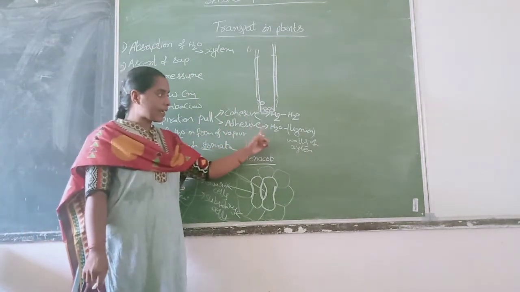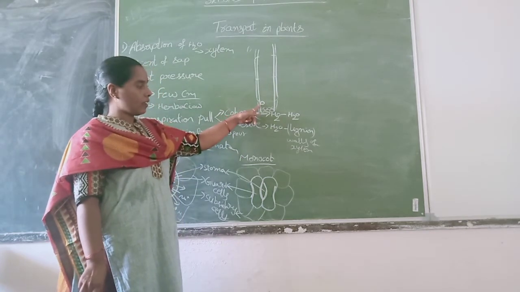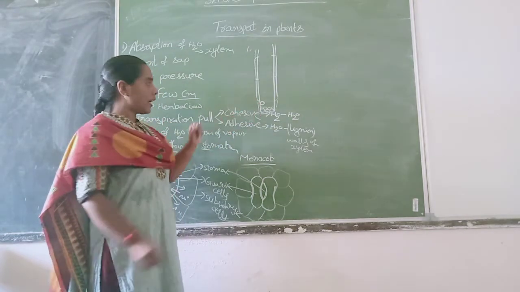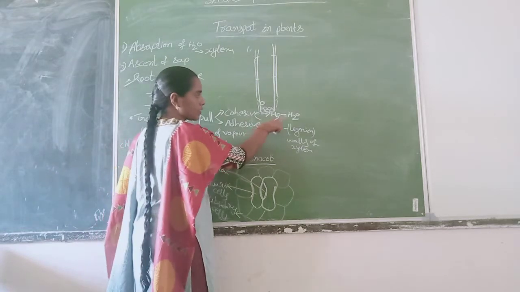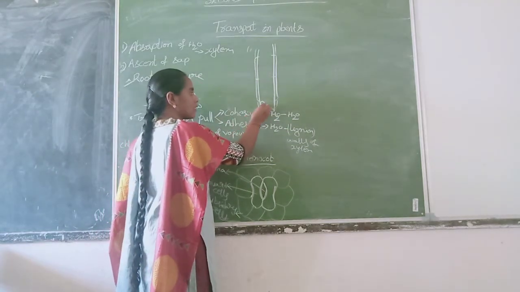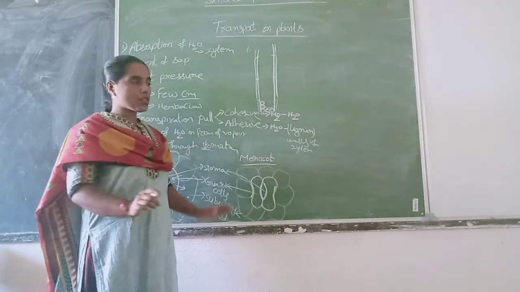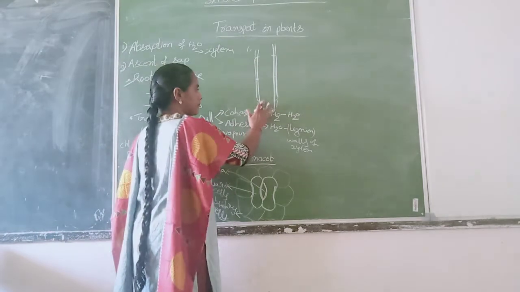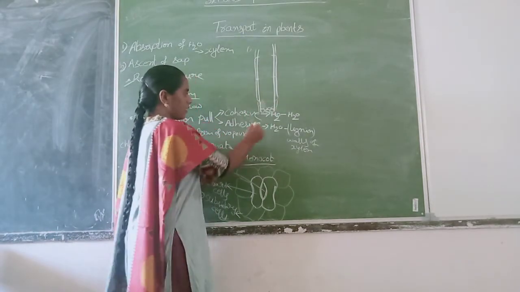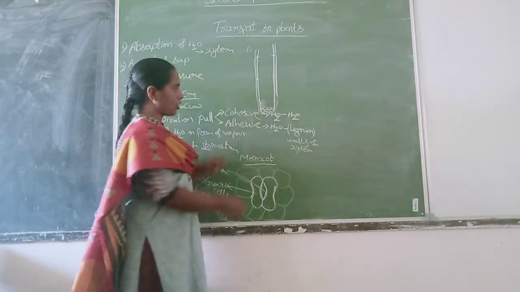What we are saying is adhesive force. So it will bind with the lignin. At the same time, we are saying cohesive force, which means attraction between two water molecules. So imagine the situation. See, in this case, here is the water molecule. This is the water molecule.